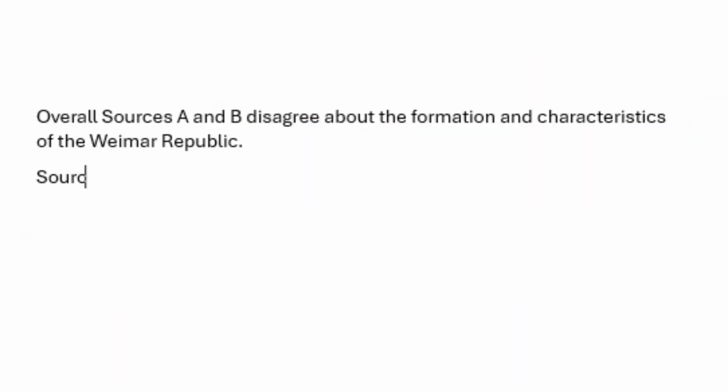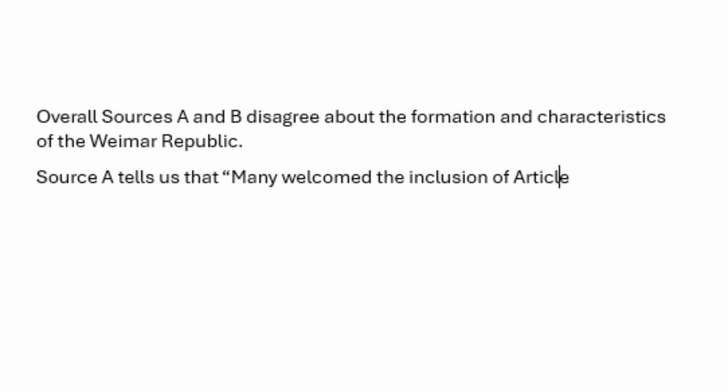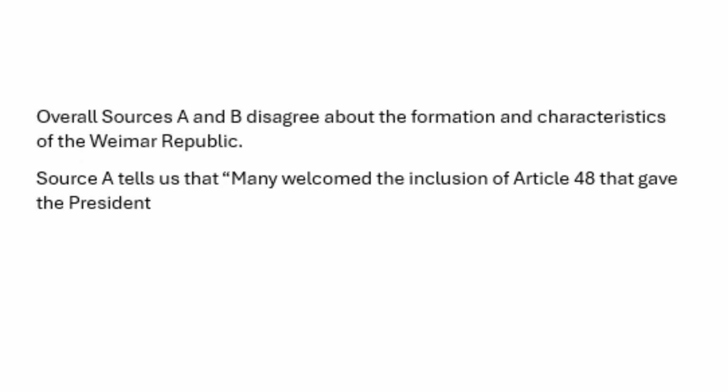So I'm going to write: source A tells us that, and I'm going to directly quote what is written. Many welcomed the inclusion of Article 48 that gave the President the power to take control in a crisis.